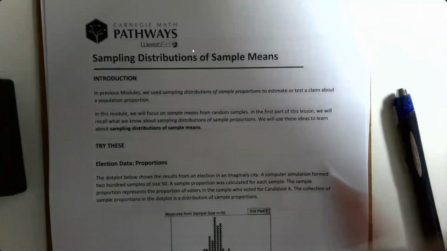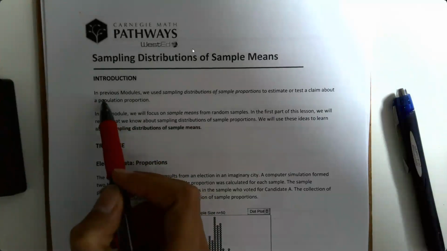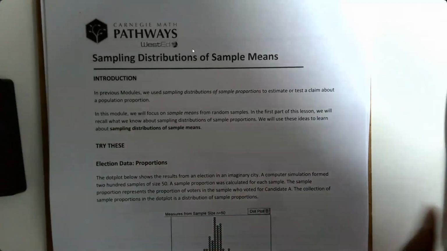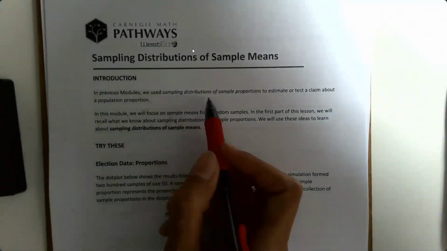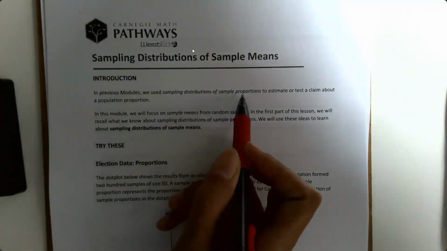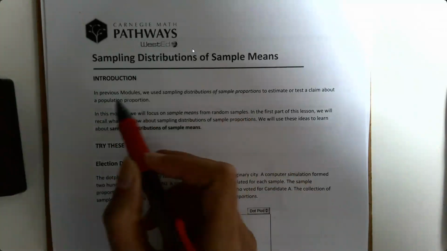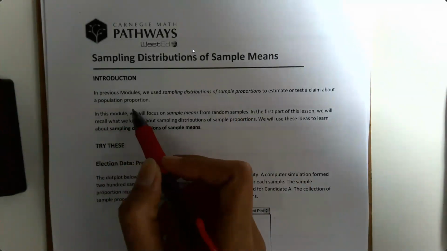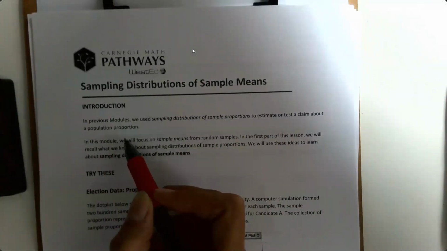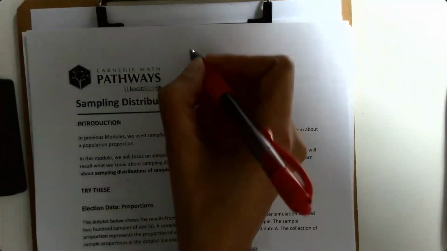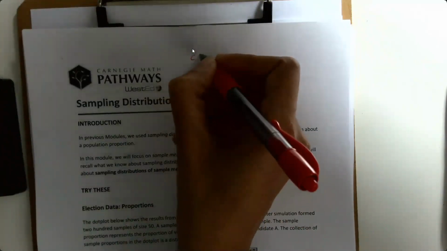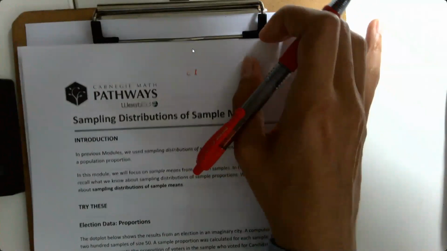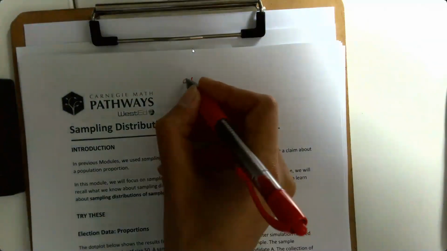Here we have the introduction. In previous modules, we used the sampling distribution of sample proportions to estimate or test a claim about a population proportion. Remember that we had confidence intervals related to proportions.